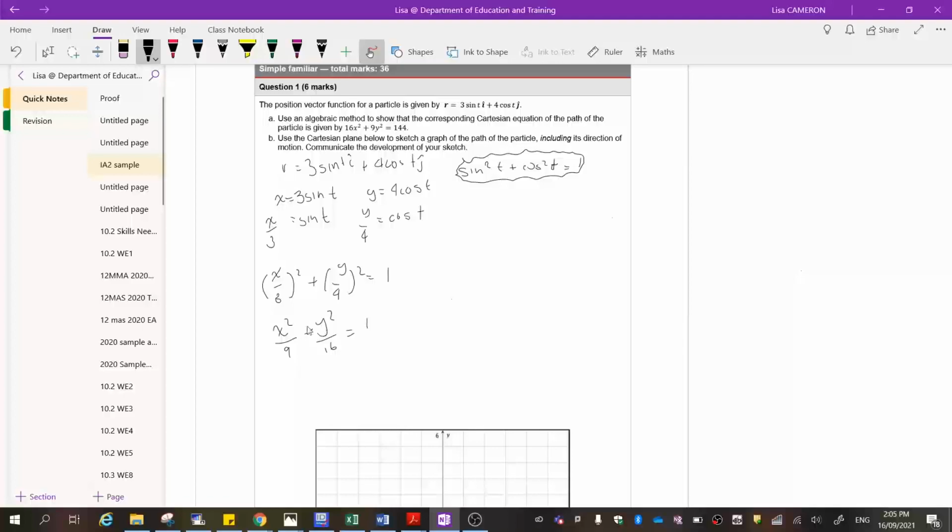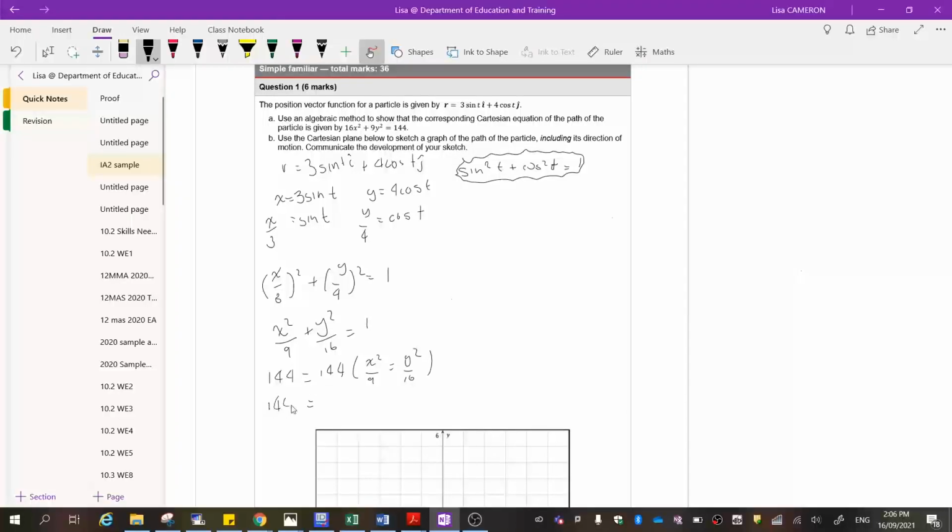Now, we're very close. We've got an x squared, we've got a y squared, we've got a 9, we have a 16, but we do not have the 144. To get the right-hand side of this equation to equal 144, we would times this side by 144. But we cannot only do that to one side, so we would have to times the other side by 144 as well.